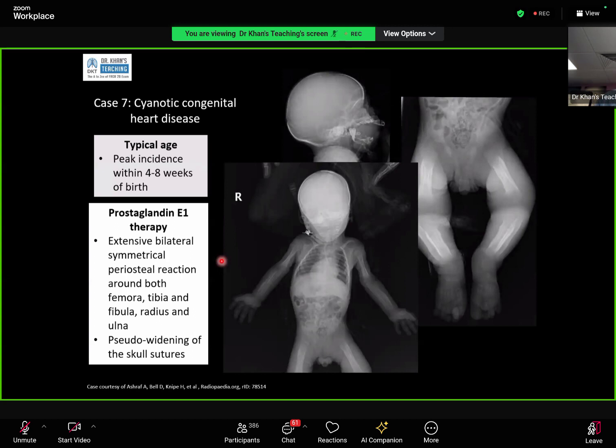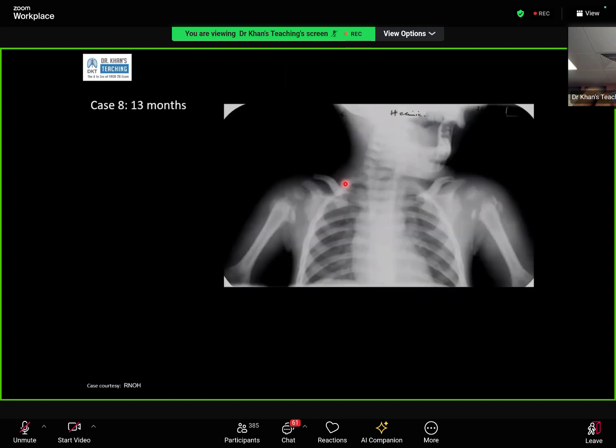Now, because of multiple reasons, there can be extensive periosteal reaction in these cases. If you see this case from Radiopaedia, it is bilateral and symmetrical, in the tibia, fibula, femur, radius, ulna, humerus. Humerus is less, but these are quite significant. Remember, there is nothing in the mandible. So this is prostaglandin E1 therapy.